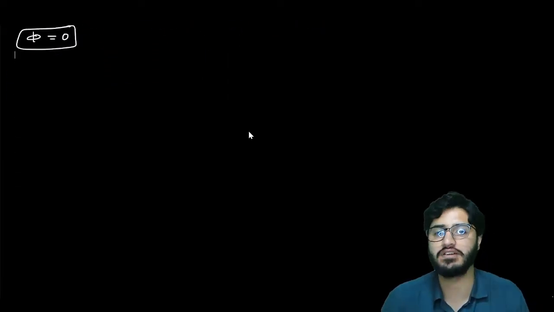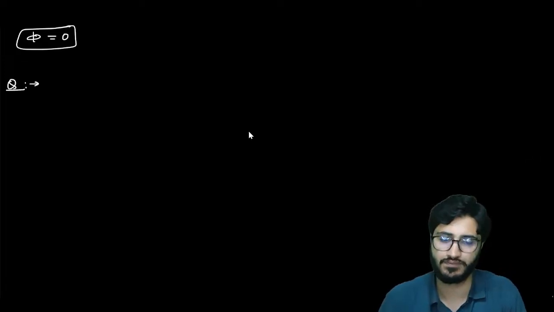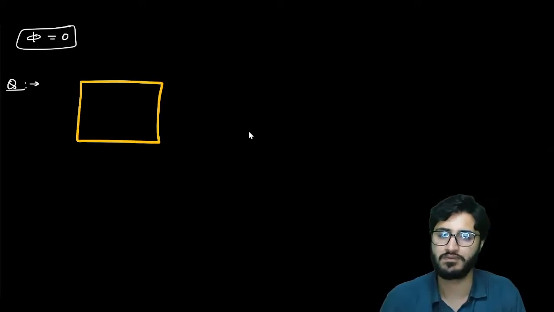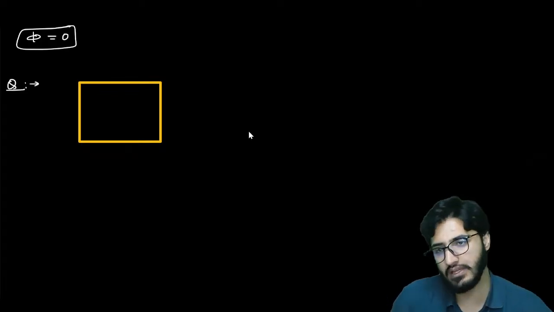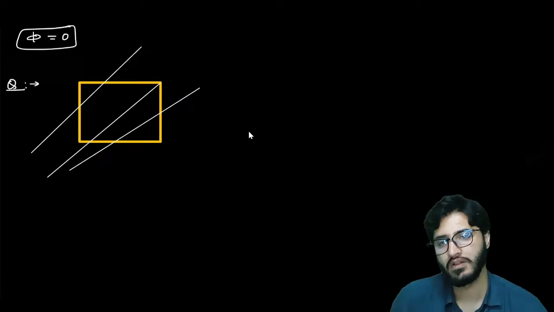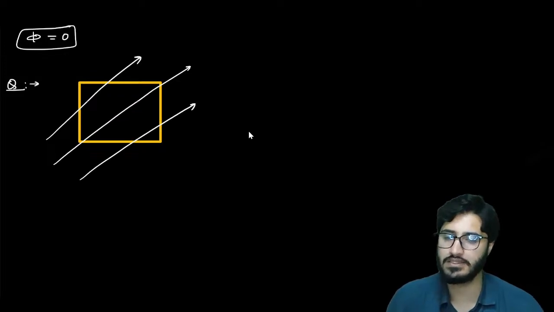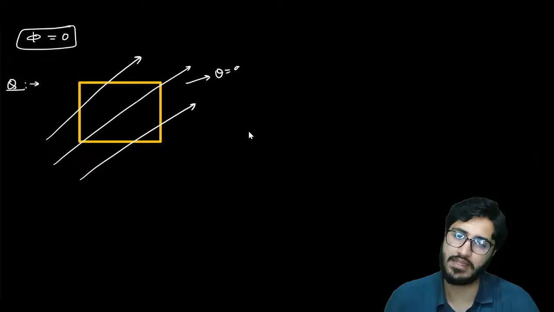If I just change it now, there won't be any effect. Look, if my electric field is going in this way, still in this case my theta is 90 degrees only.